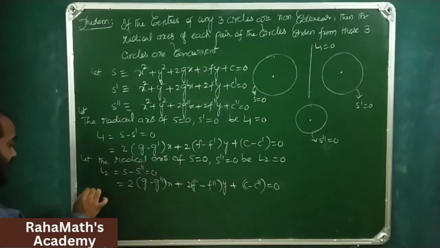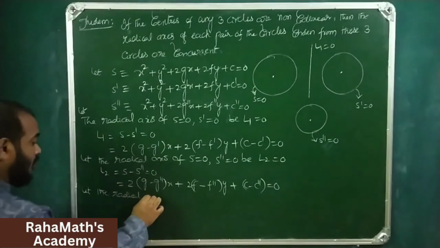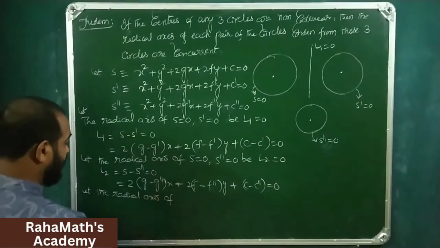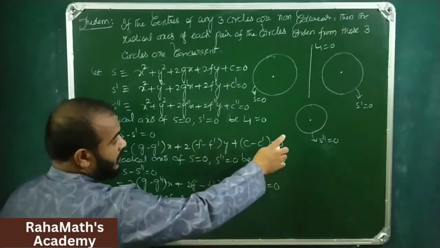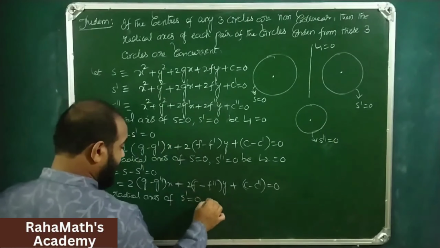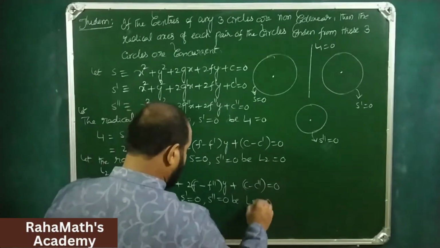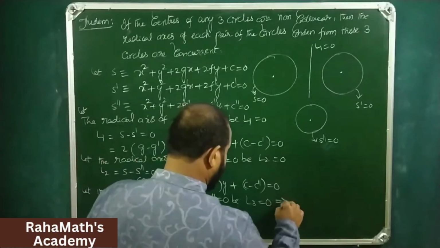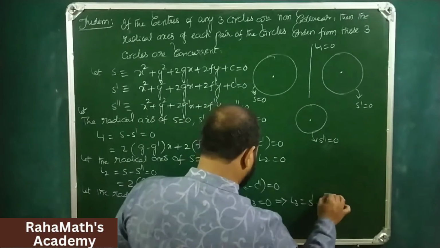Likewise, let the radical axis of S dash equals 0 and S double dash equals 0 be L3 equals 0. That implies L3 equals S dash minus S double dash equals 0.